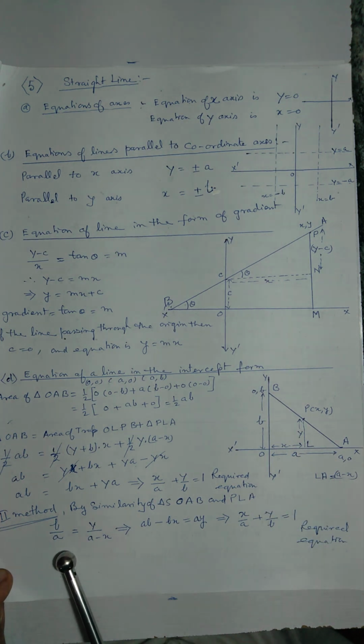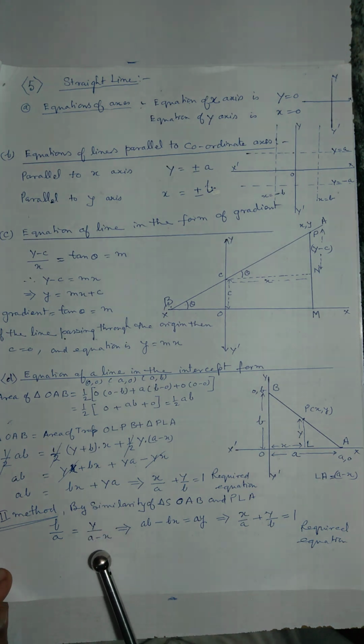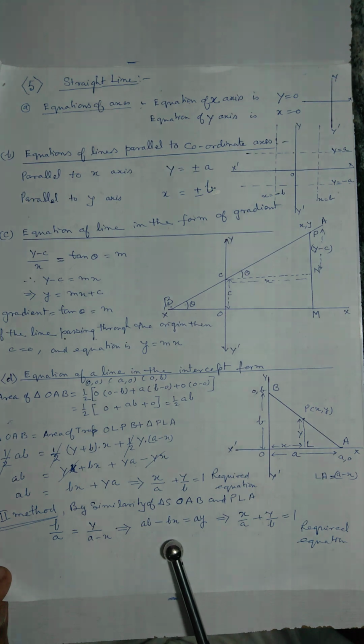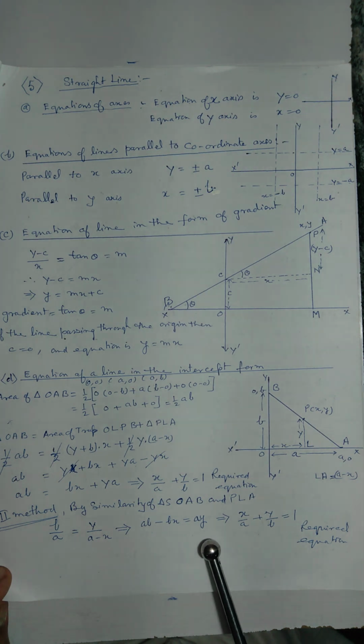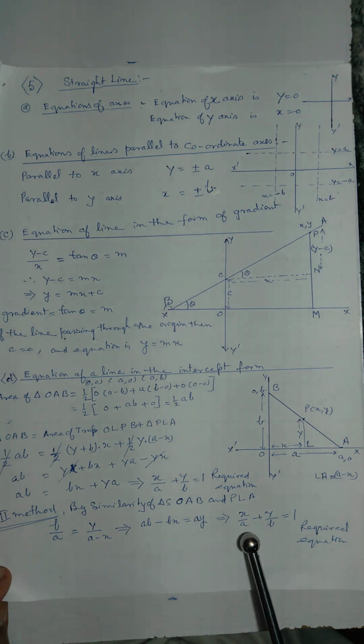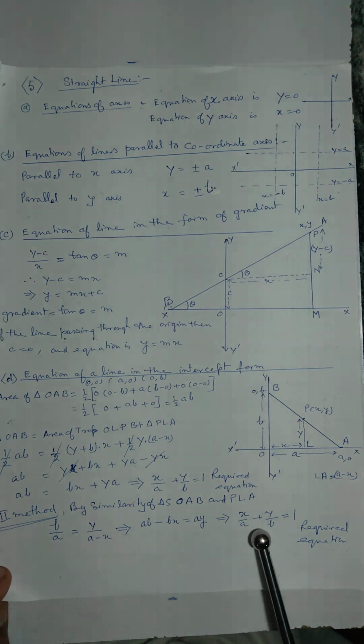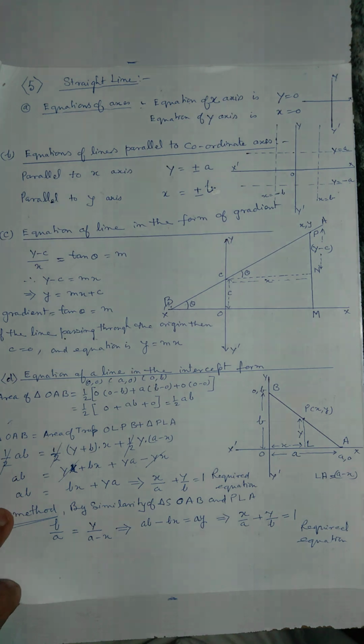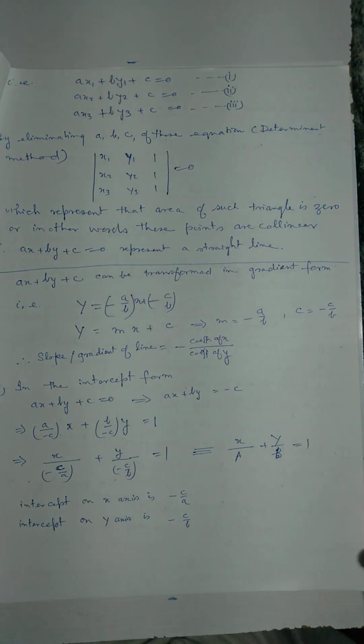You see, b upon a is equal to y upon (a minus x), so ab minus bx is equal to ay, and this gives x by a plus y by b is equal to 1, the required equation which we have to remember.